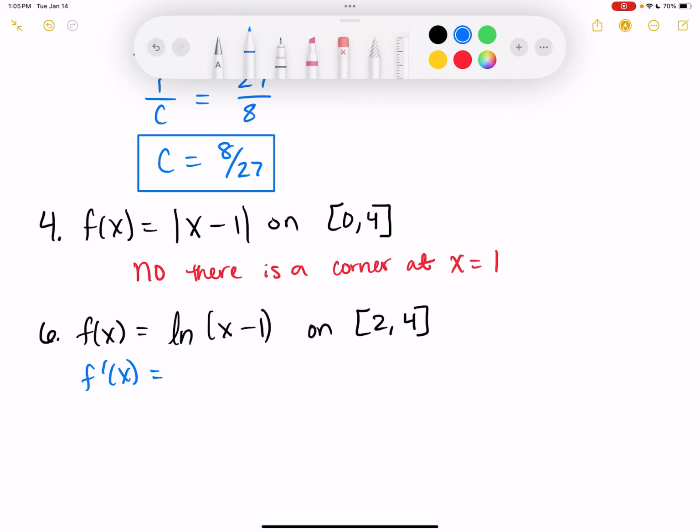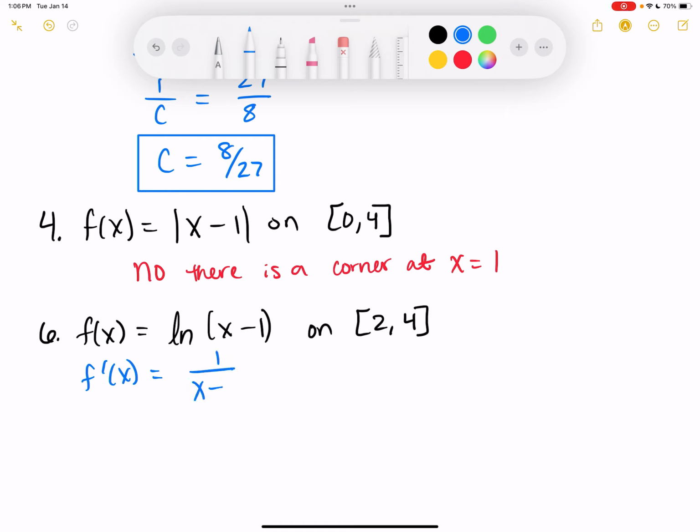So what's the derivative of ln of x minus 1? We'll call this 1 over x minus 1.